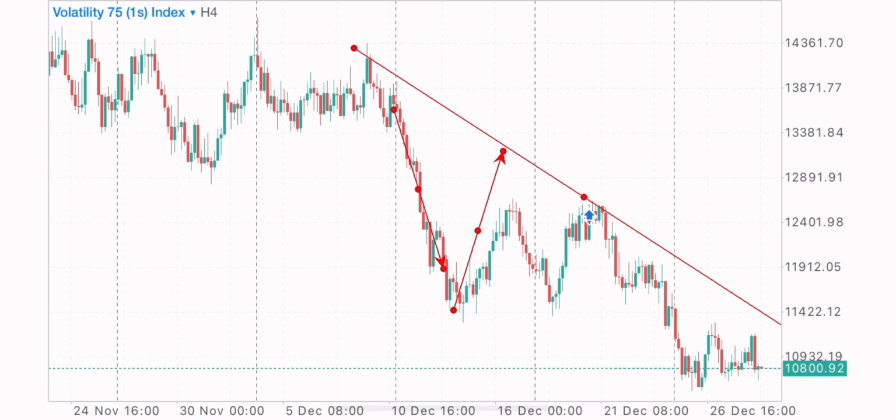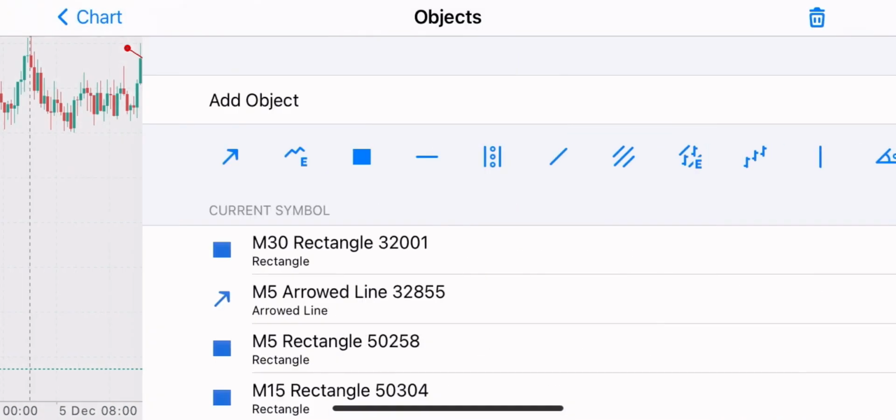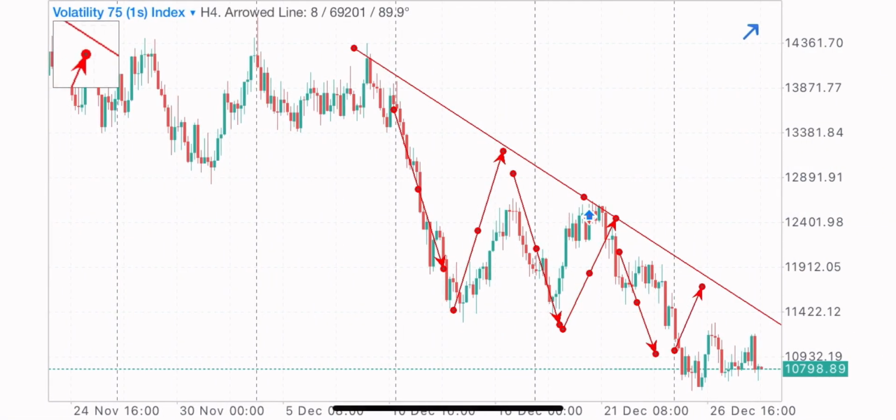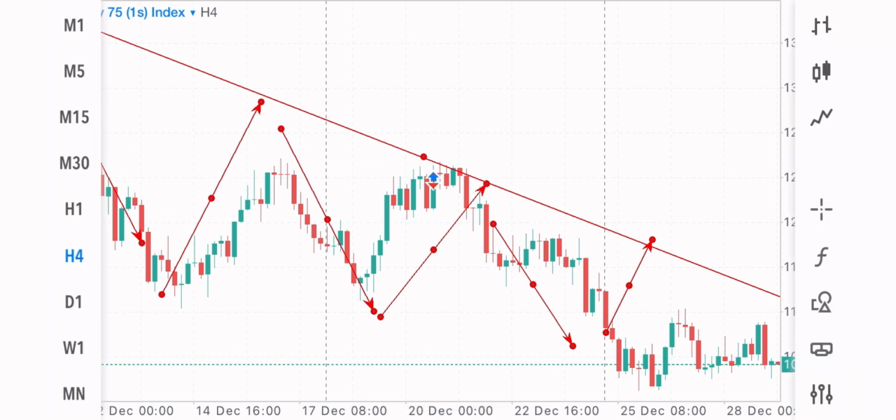There is no trend line which goes in a rhythm. It goes like this, as you can see here, and it goes like this. Here there was a bit where it didn't come and touch the trend line. Let me show you.